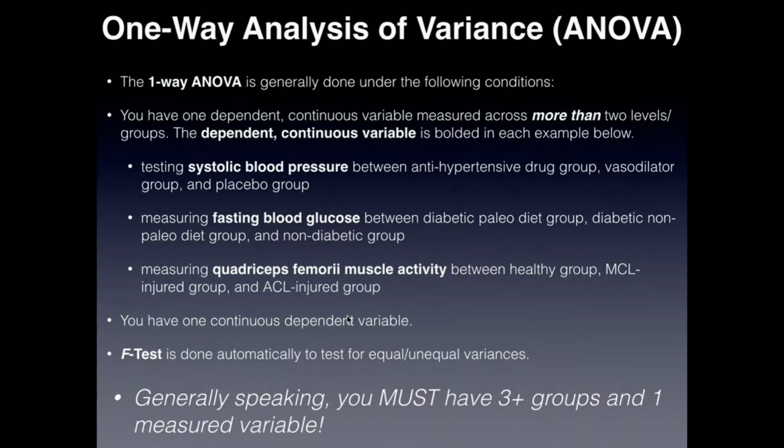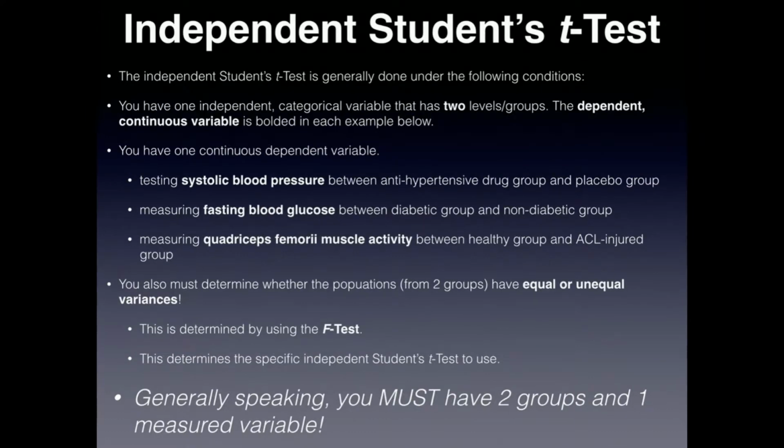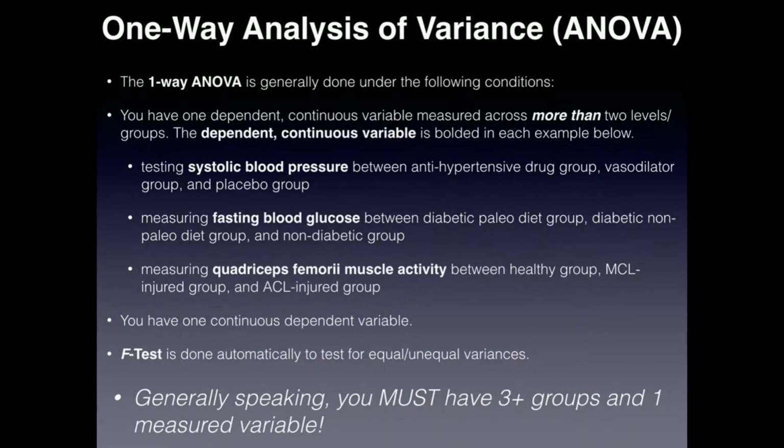Now, just like in the case of an independent t-test, you're going to have to use an f-test. The difference is when you do an independent t-test, you actually have to physically decide whether or not you're using unequal variances or equal variances. So you actually have to separately run an f-test prior to that. The one-way ANOVA already does it. So it's automatically done to test for equal or unequal variances.